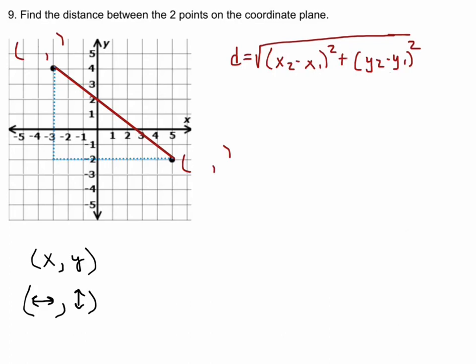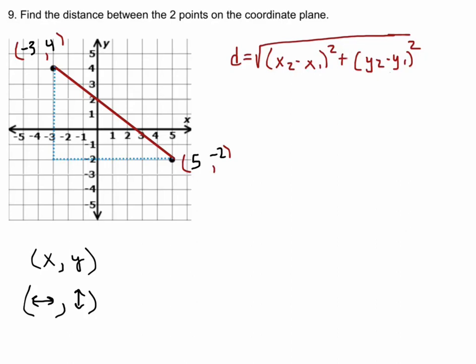So, this first point here, down on the bottom here, it's over 5 units, and then what is it for y? -2. And for the other point that's up at the top here, the x is -3, and it is 4 for the y.